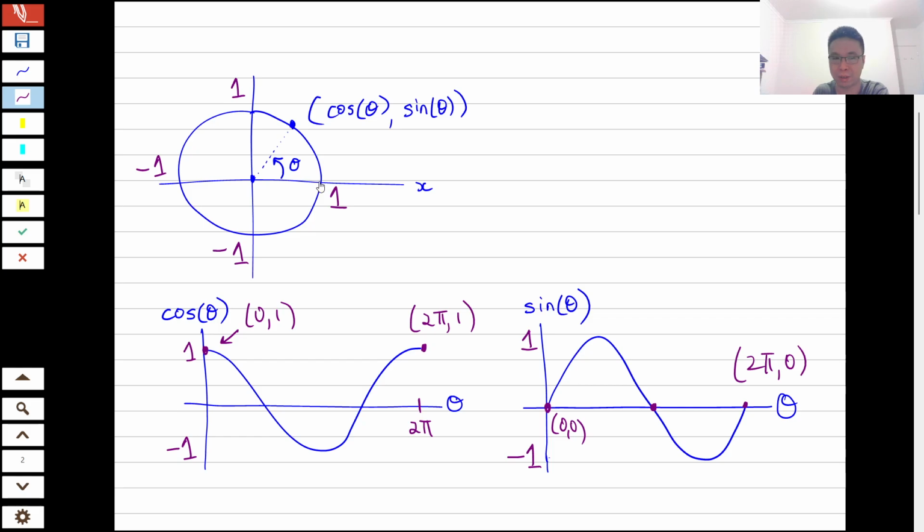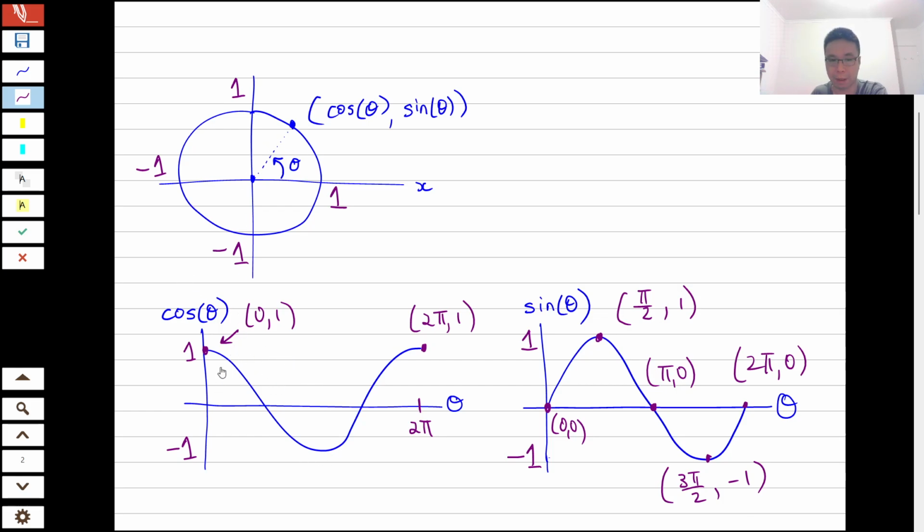So the y values are 0 at angles of 0, pi, and 2 pi. And the maximum value will occur at pi on 2, giving a value of 1. And the minimum value will occur at 3 pi on 2, giving me a value of -1.